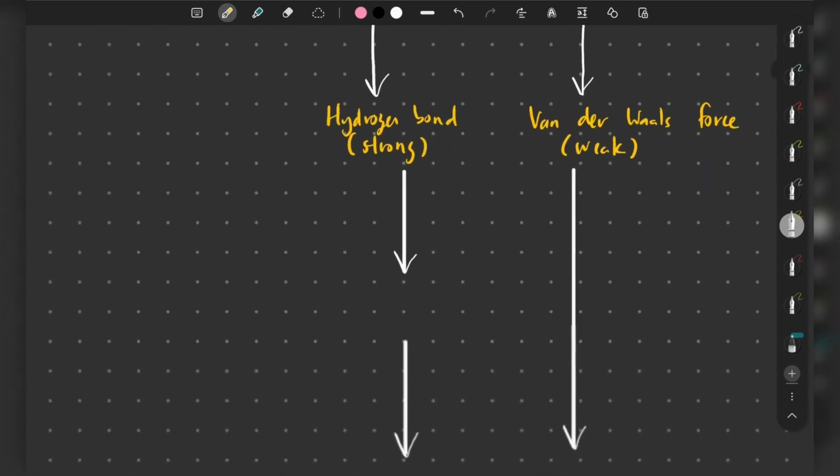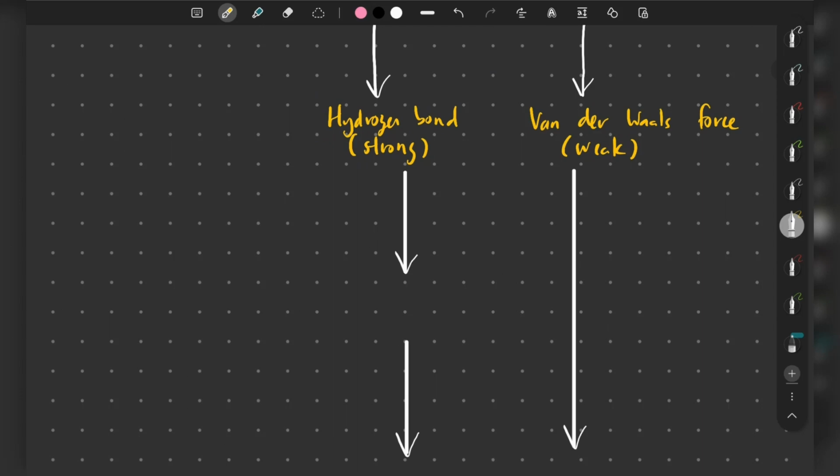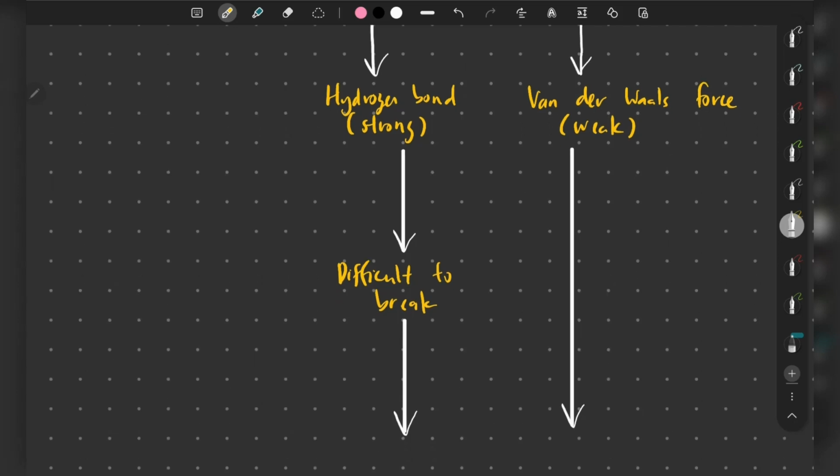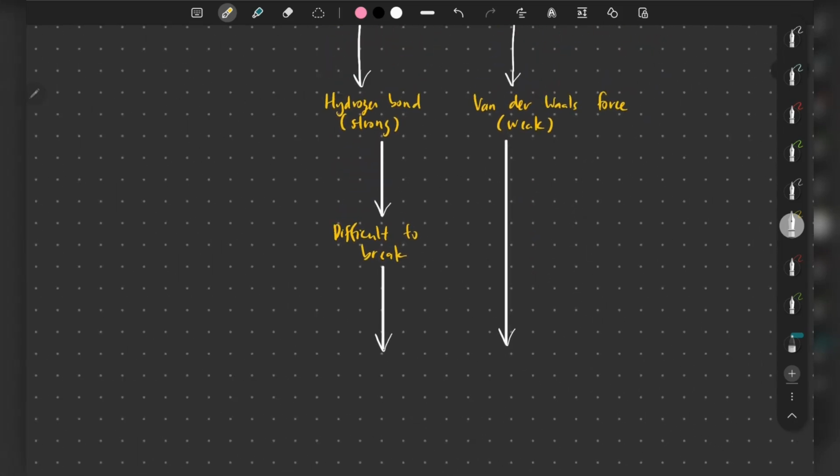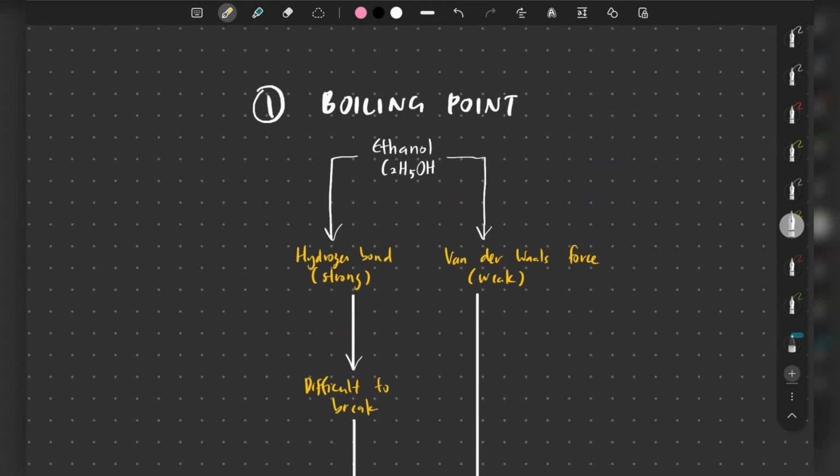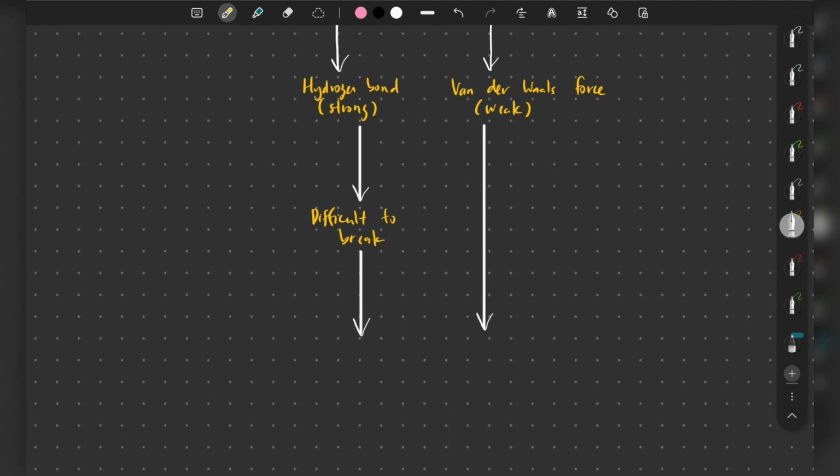Since hydrogen bond is a strong attraction force, it is very difficult to break compared to van der Waals force. Therefore, when we heat up a substance, which is the ethanol that we are using as an example here, it needs heat energy to overcome the hydrogen bond and the van der Waals force.